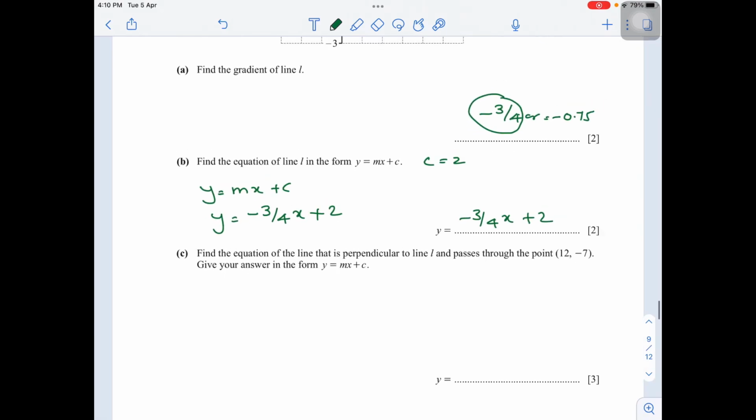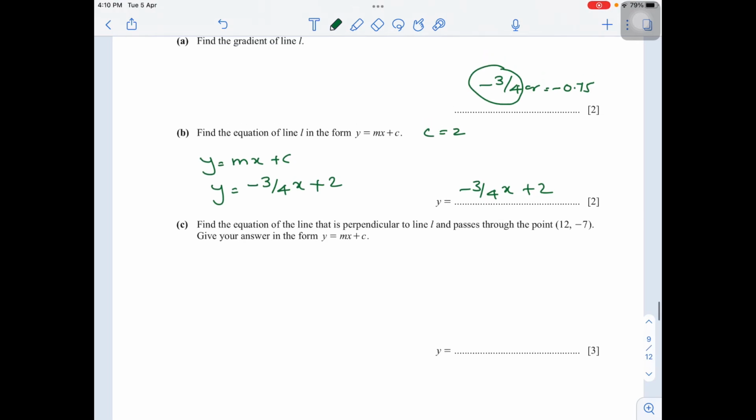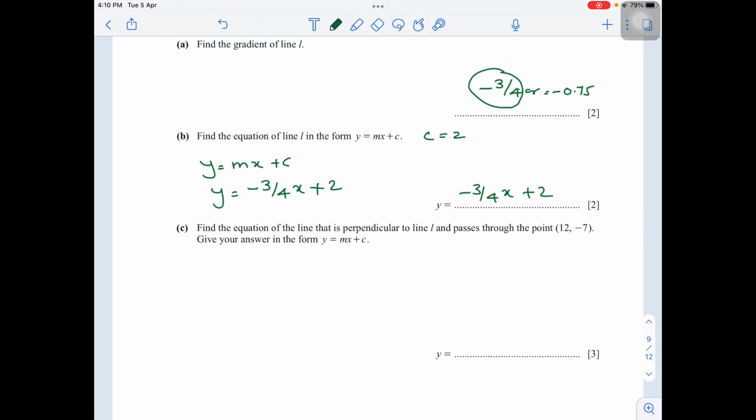Let's try the next one. Find the equation of the line that is perpendicular to the line L and passes through the point (12, negative 7). Okay, it is perpendicular to line L. Line L has gradient negative 3 quarters. So the perpendicular line has gradient, let me call it m1, negative 1 over m.